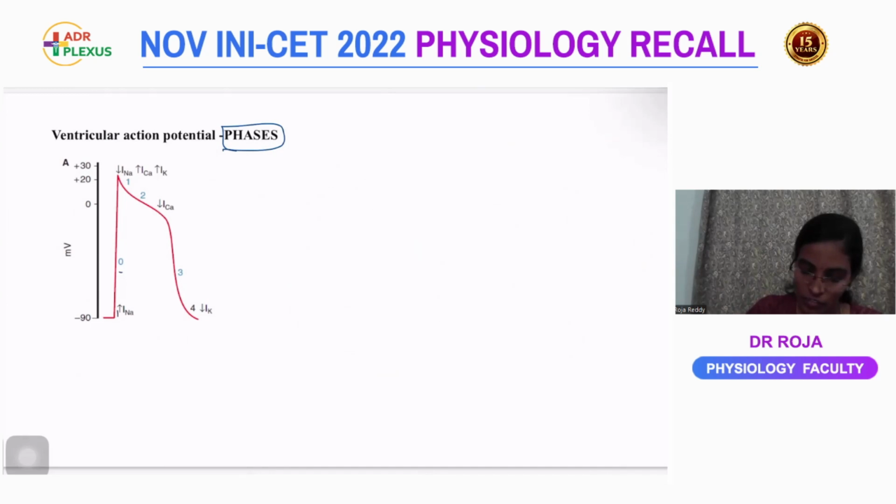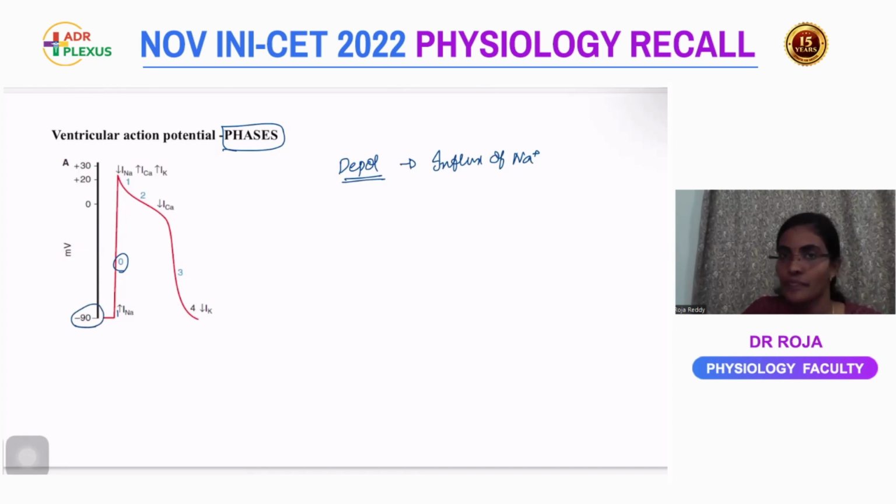The initial phase is the rapid depolarization phase. The depolarization is due to the large influx of sodium ions. Before depolarization, the resting membrane potential of the ventricular myocardium is minus 90 millivolts. Depolarization is mainly due to the influx of sodium ions, and this is phase 0.